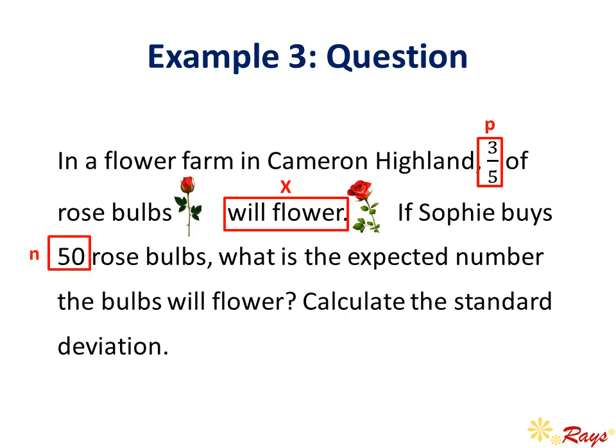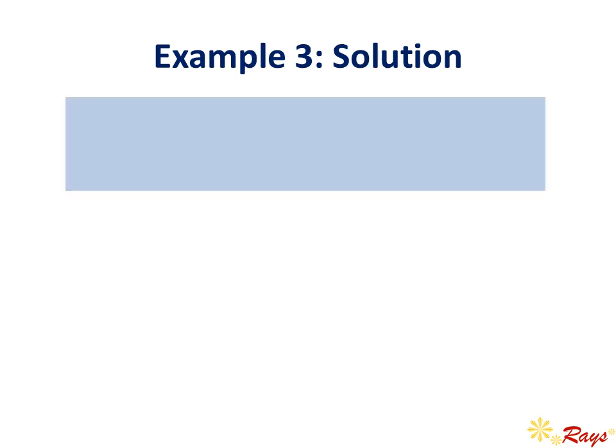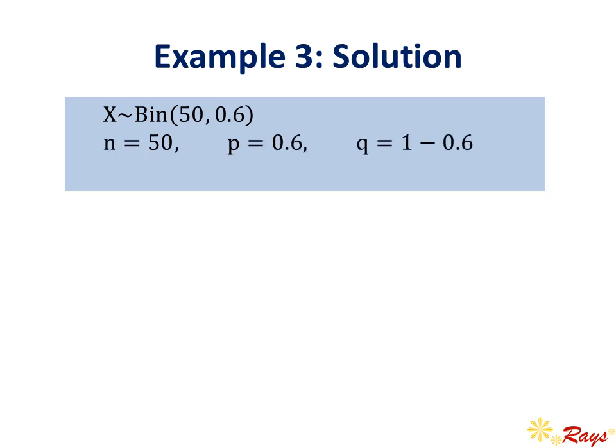And 50 is our number of trials since Sophie buys 50 rose bulbs. From the question, we can now write the expression, which is X is a binomial distribution with 50 trials and the probability of getting success is 0.6. So these are the values of n, p, and q.